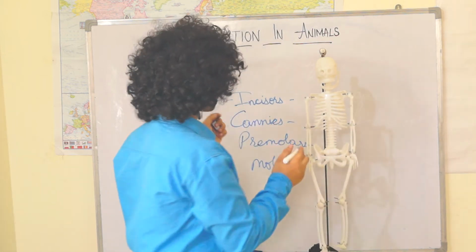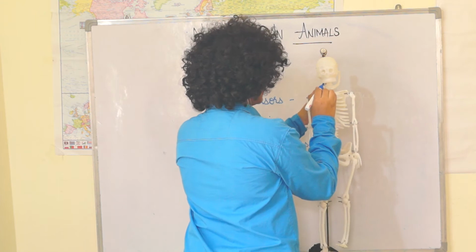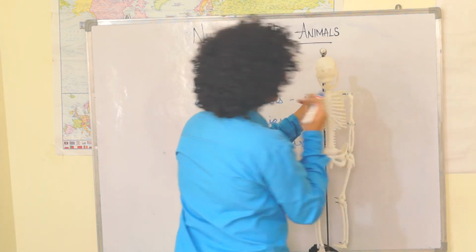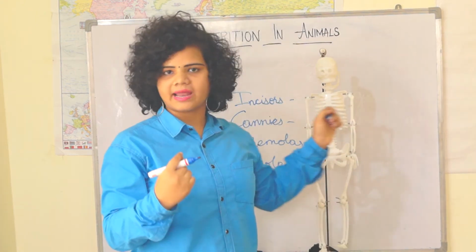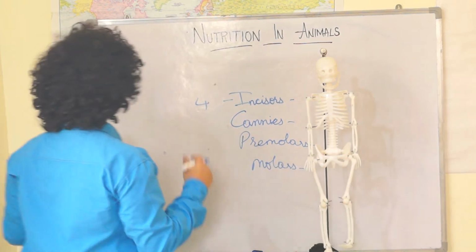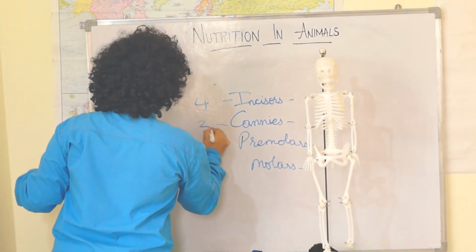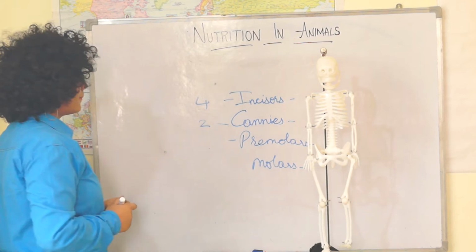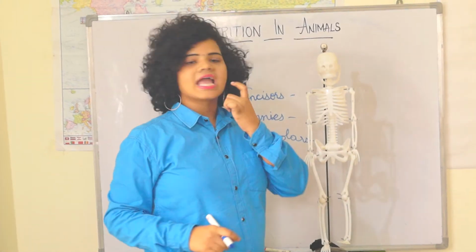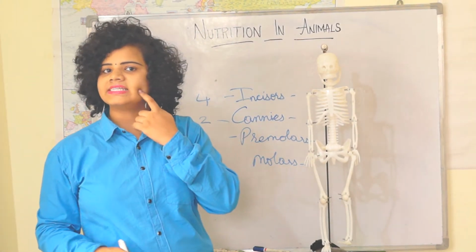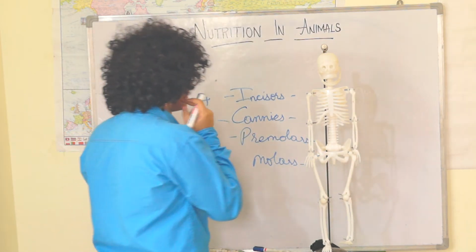So this tooth and this tooth, the edge teeth which are really sharp, are called the canines. So you have two canines, and the premolars. Here the premolars are present at this region, and then the molars.